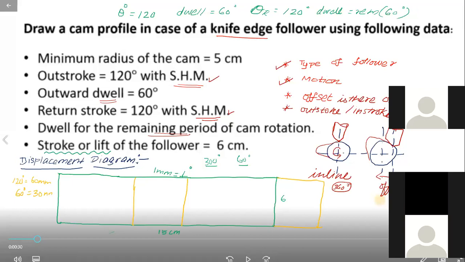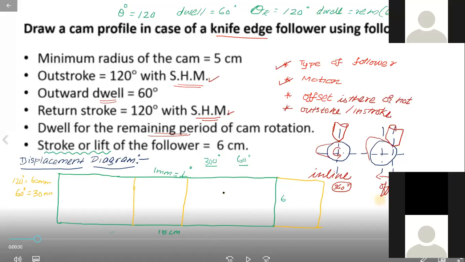Show your diagram, man. Sir, my webcam, I haven't given it permission, sir. I have to figure it out. How long will you figure it out, man? Sanjit. Yes, sir. Show your displacement diagram. 1 second, sir.